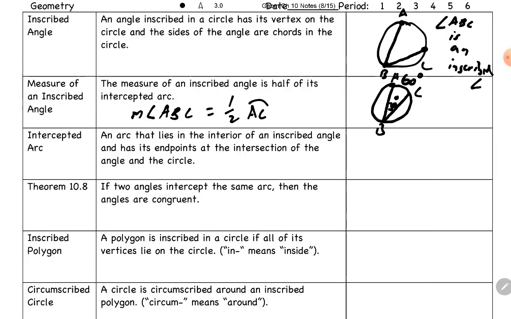Intercepted arc is an arc that lies in the interior of an inscribed angle and has its endpoints at the intersection of the angle and its circle. It's basically the same picture.